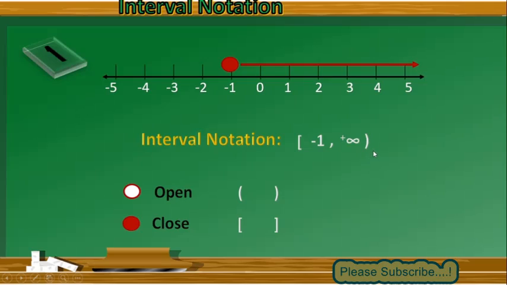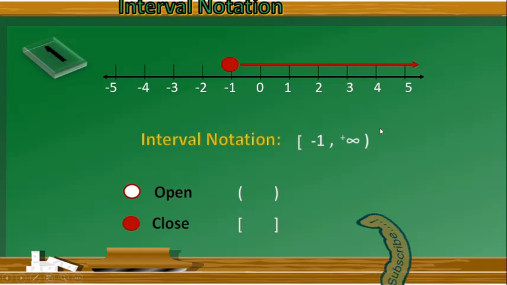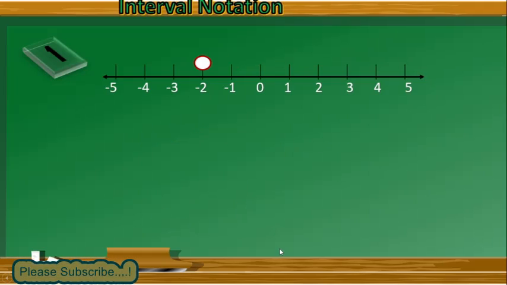Why parenthesis? When the symbol is infinity, you will use the parenthesis. Remember, when it is referring to infinity, you will use parenthesis, not the bracket. Okay, next one. How about this one?